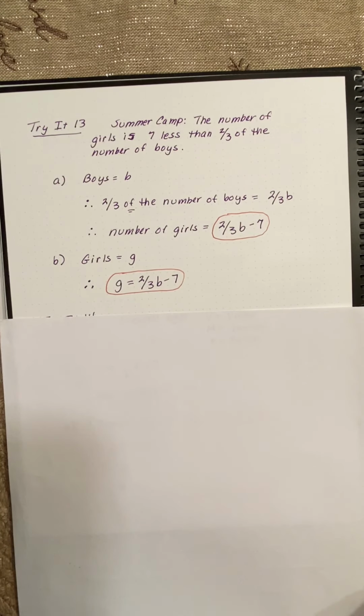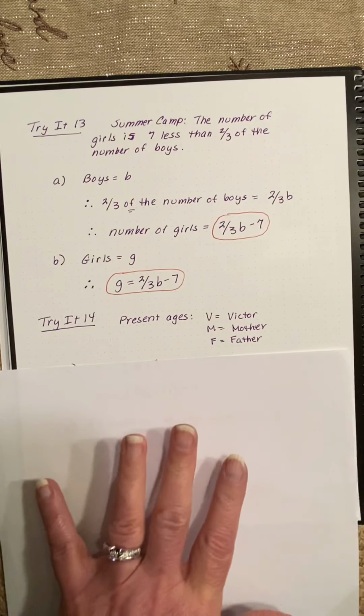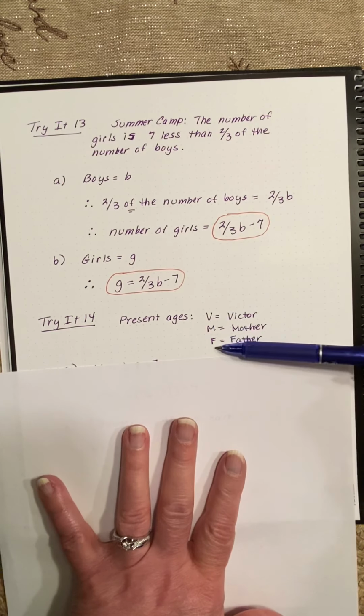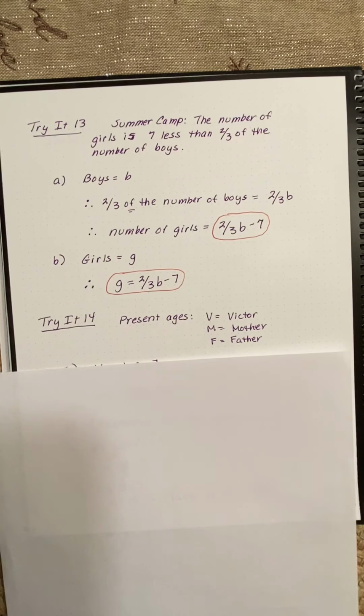Let V, F, and M years be present ages of Victor, his father, and his mother, respectively. Okay, so basically they give us their letters, V, M, and F. And this is where they are right now.